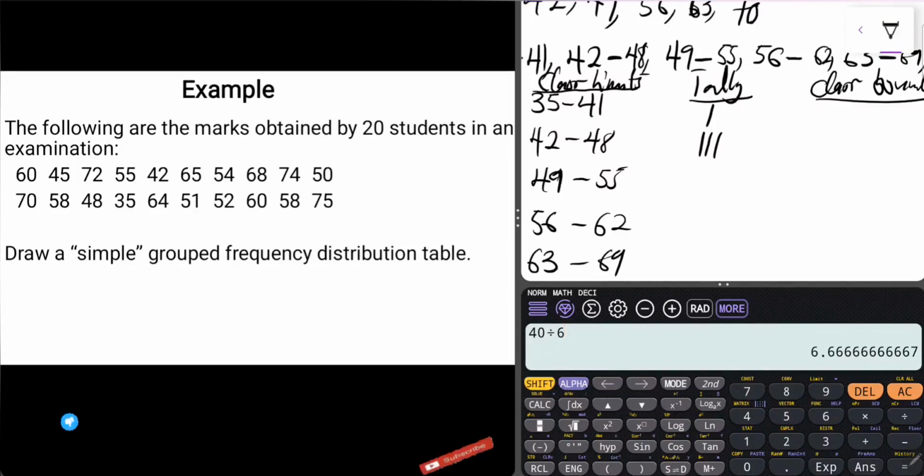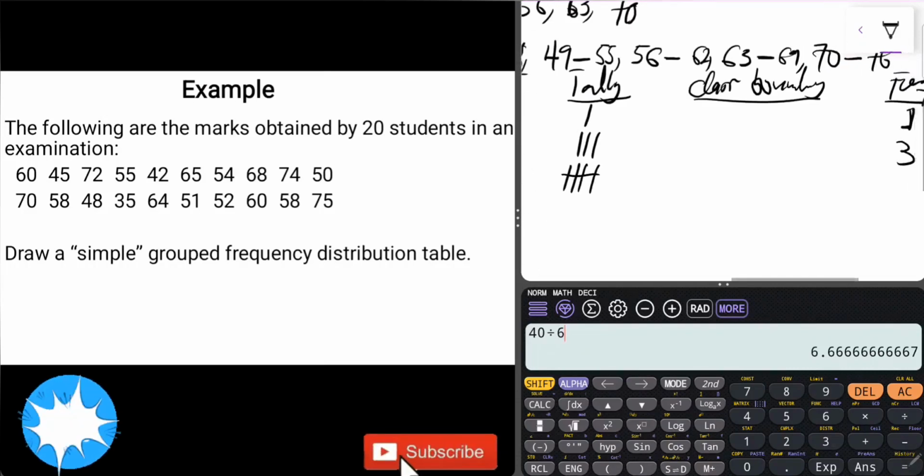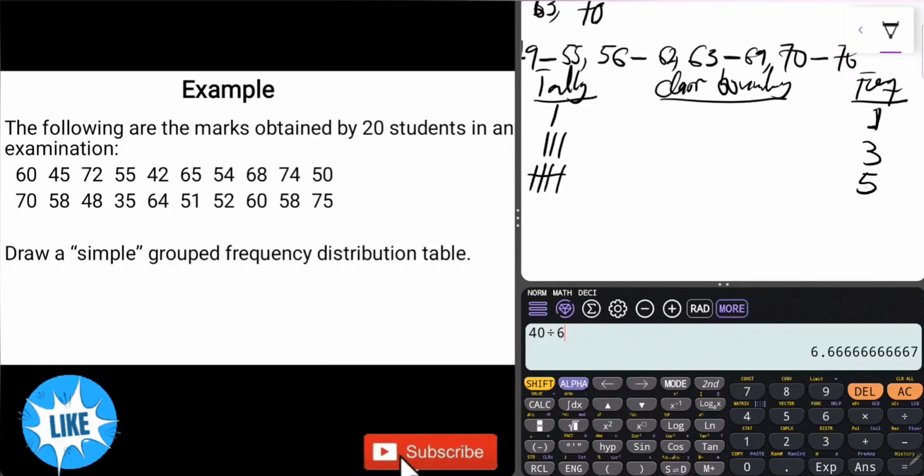Within this range, we have 5 tallies or 5 strokes. 1, 2, 3, 4, and then you have your last one crossing that, making it 5 as the frequency in this case.